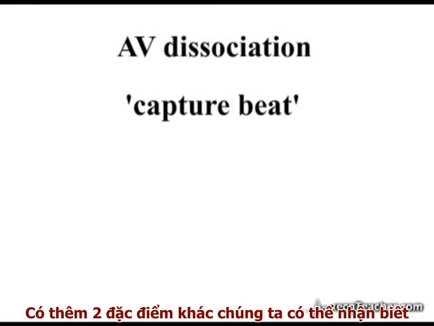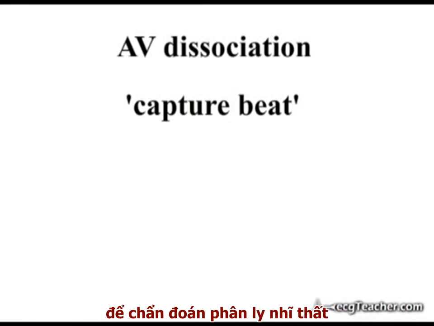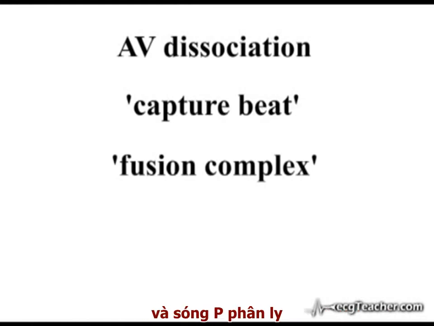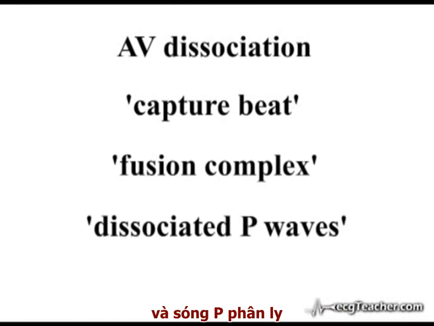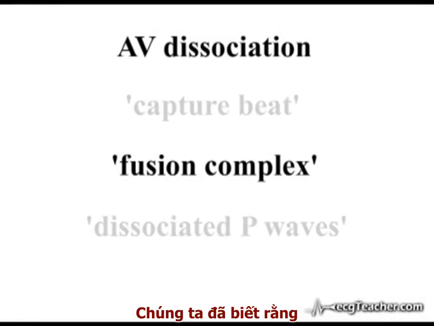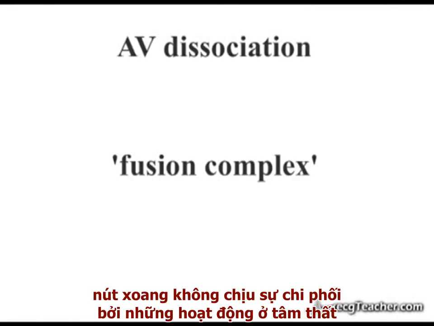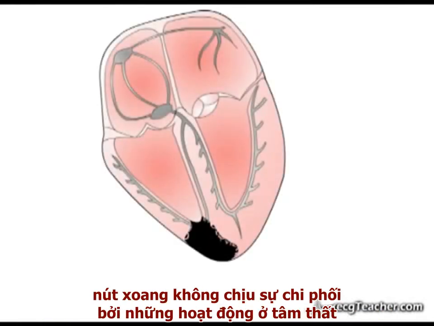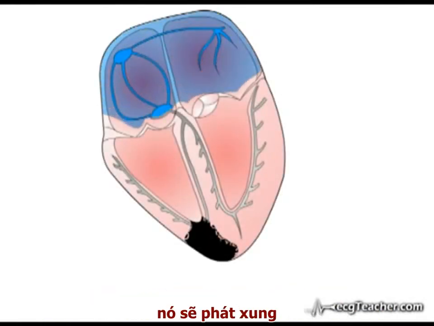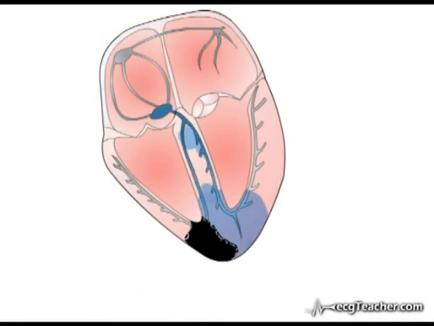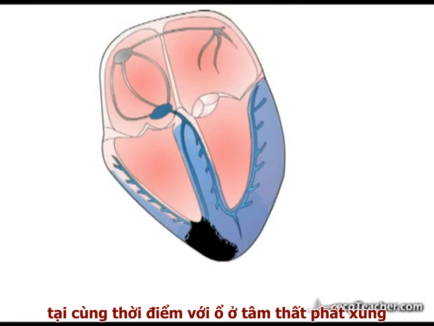There are two other features we can look for to establish the presence of AV dissociation: the presence of fusion QRS complexes and dissociated P waves. We've already seen that a fusion QRS complex may arise if the SA node, uninfluenced by events in the ventricles, fires and depolarization is transmitted into the conducting system just as an ectopic ventricular focus discharges.